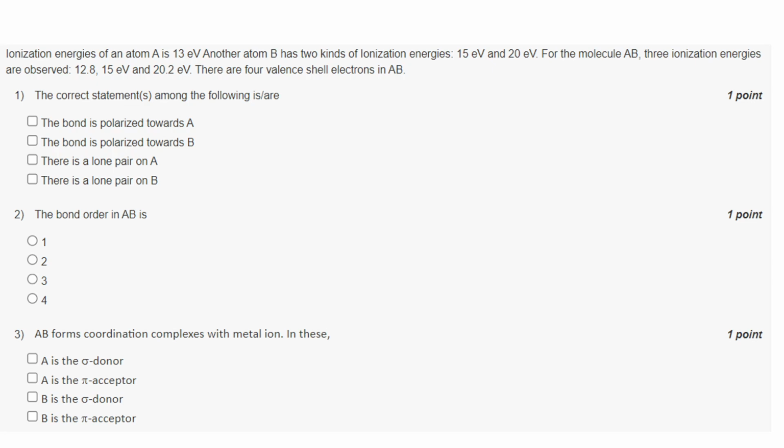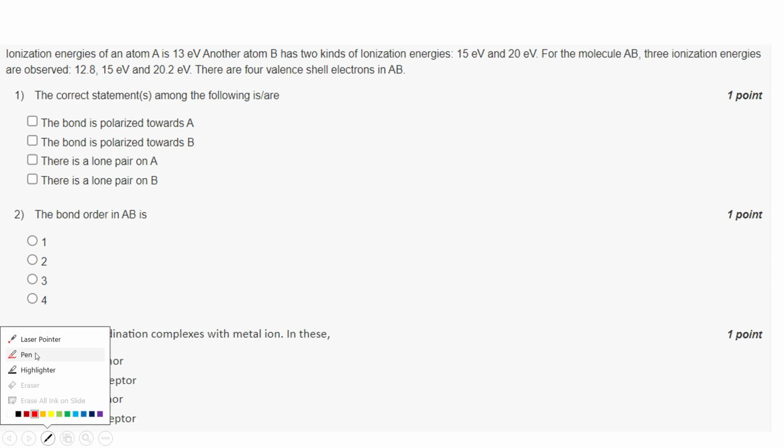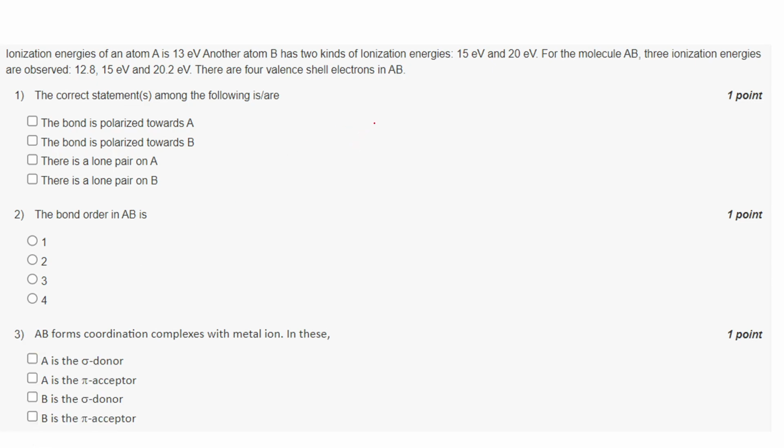Now there are three questions, but before going to them, let us understand what data has been given to us. There are two atoms, A and B. Let me make it plain. Whenever you do this, I prefer to draw the energy scale first.